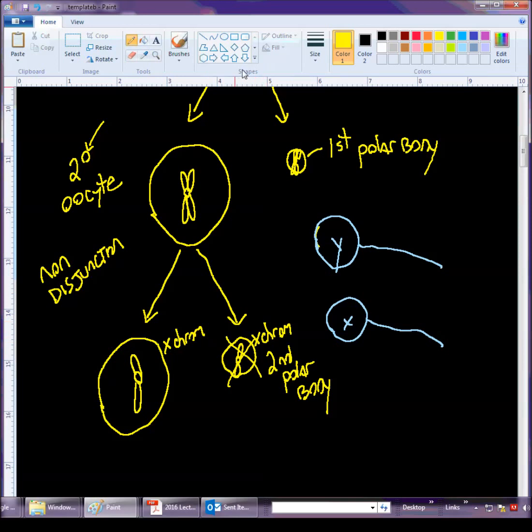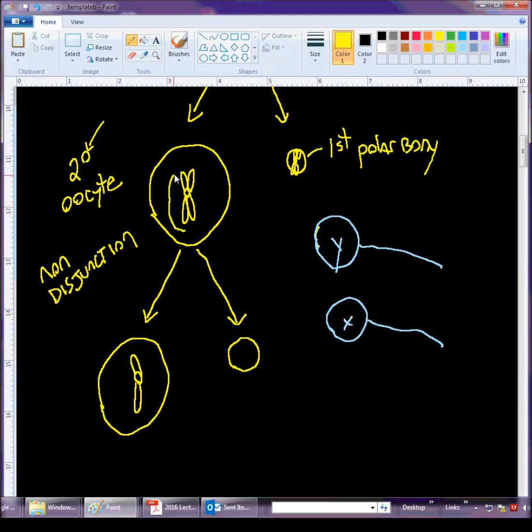But let's say non-disjunction occurs. If non-disjunction occurs, then both chromatids will go either to the ootid, or they'll go to the second polar body.